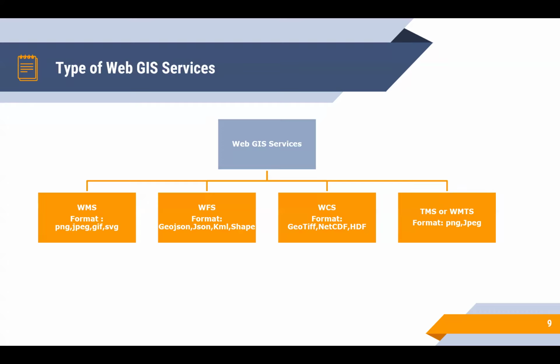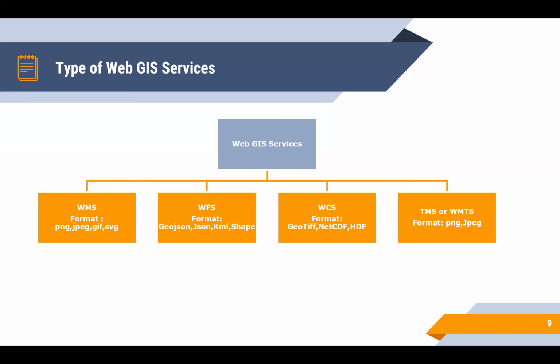The user can reshape the parcel, split the parcel, merge the parcel. So I believe you understood the difference between WMS and WFS. Have you understood the difference? Yes, sir. Okay.